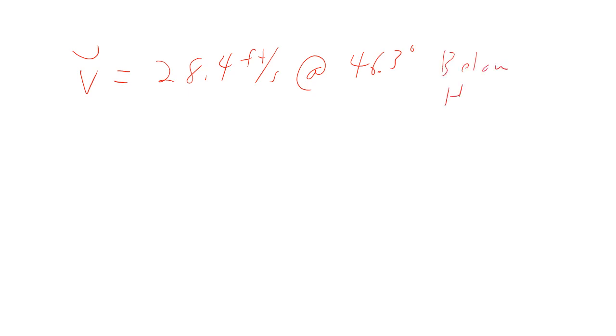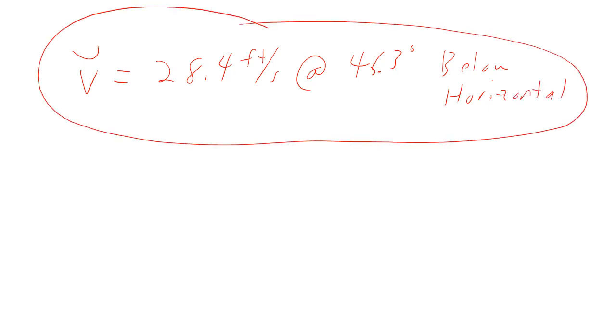So we would say that V, when it hits, is going to be 28.4 feet per second in a direction that is 46.3 degrees below horizontal. Okay, so there we have it. There's the answer.